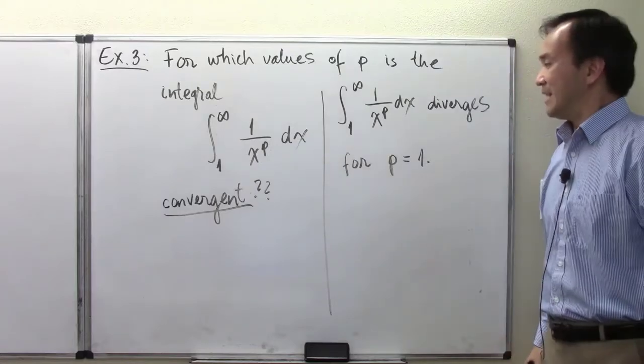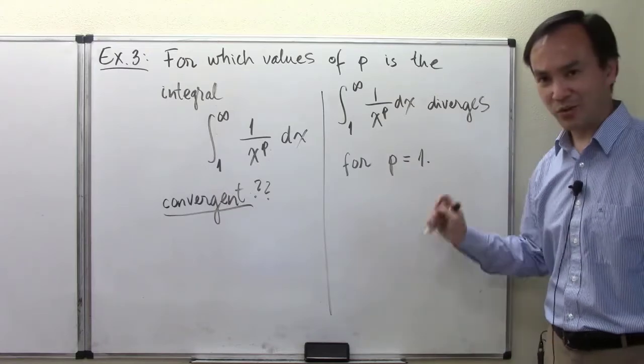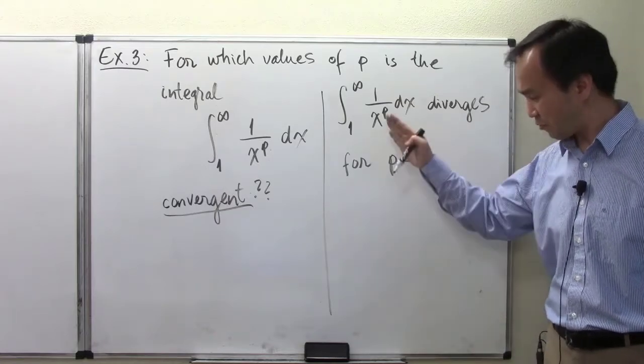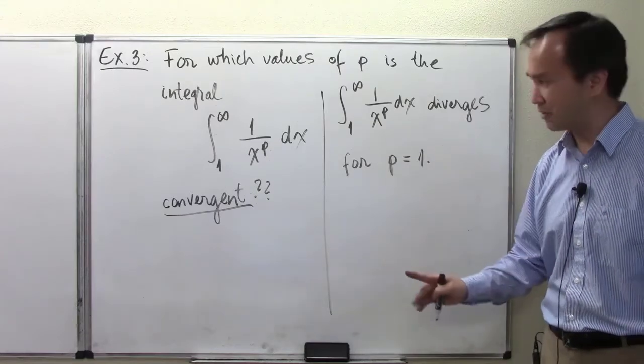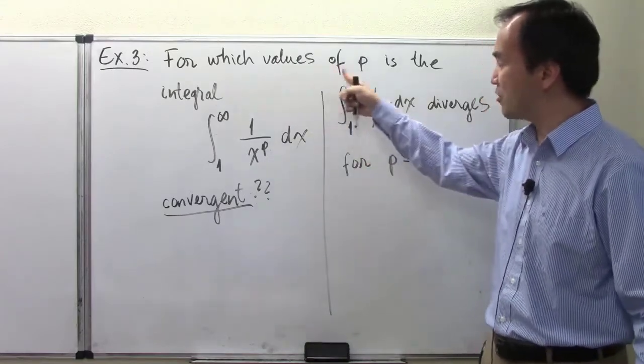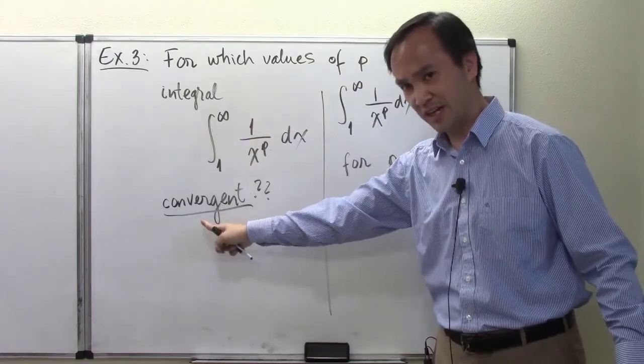For now it's just a quick summary chart, and I will get back once we completely build that summary chart. We're going to make a final statement about what values of p in general will make this integral convergent, and otherwise.